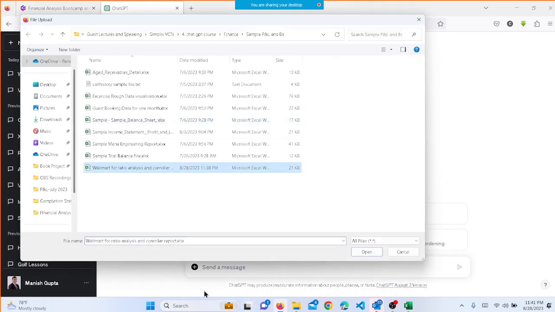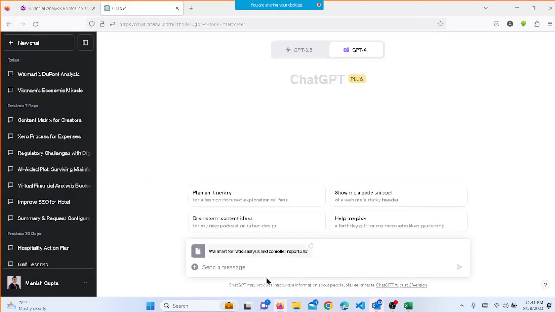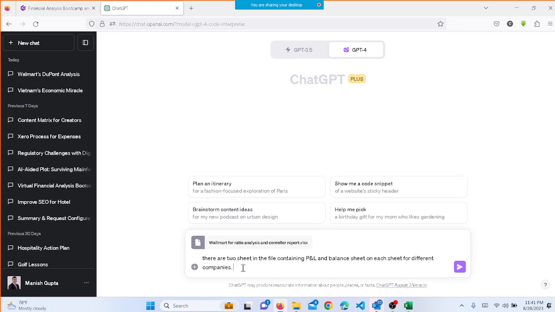So let's say we were using this file, you can upload this file and tell it, okay, there are two sheets in the file containing P&L and balance sheet on each sheet for different companies.